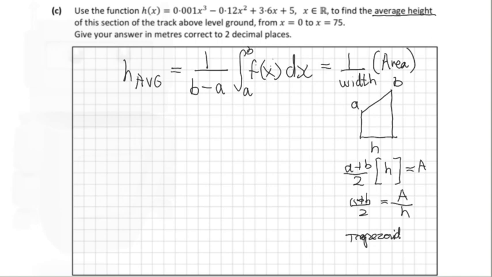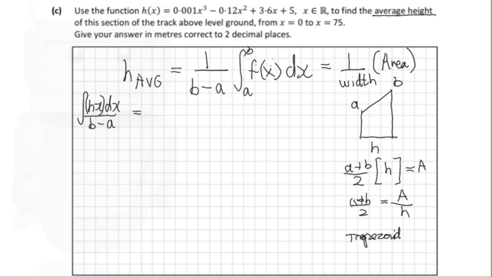Let's apply it. We're going to get the integral of h of x dx, and we're going to divide that by b minus a, and that will give us our average height.